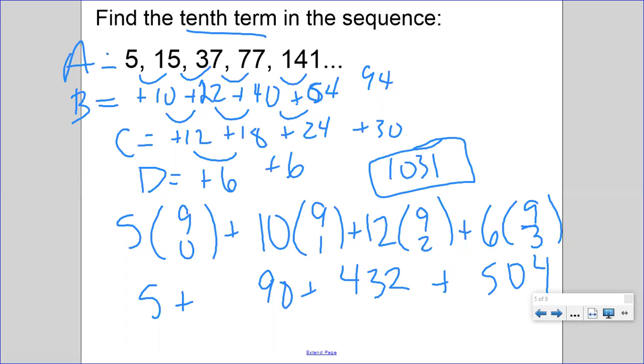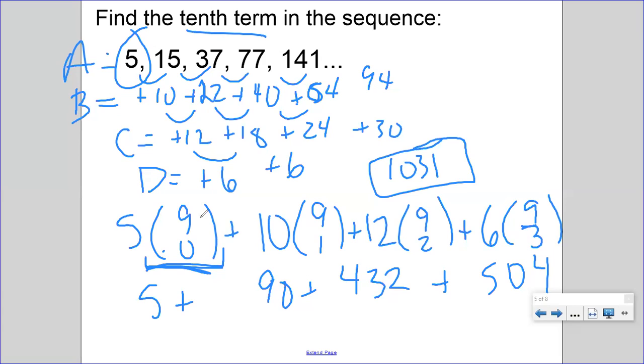How did you get the 9 choose something? 9 choose 0 is always the first term, right? The first term deals with how many times you're adding in this term here. We have that happen once, and then you're adding the 10 every time after that.